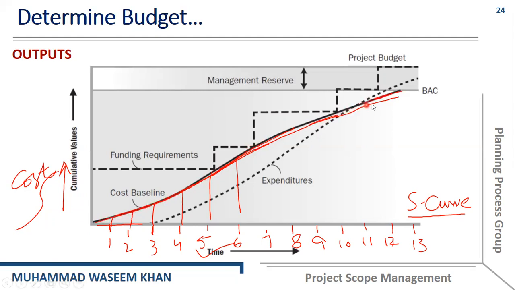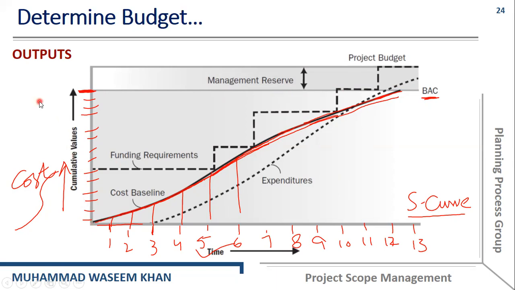Budget at completion means that we have decided that our project will be completed within this particular budget, up to this level. You can see, this is called the budget at completion, and these are costs in millions of dollars or euros or rupees.